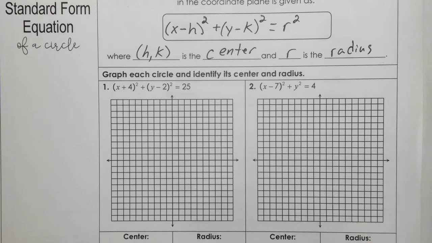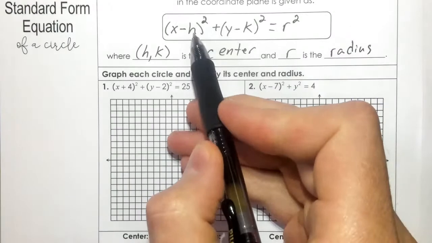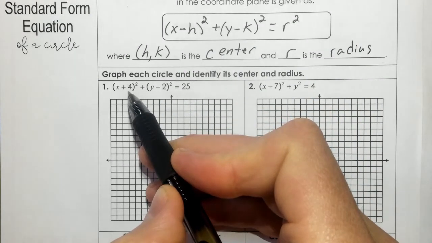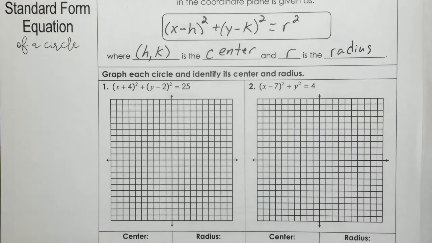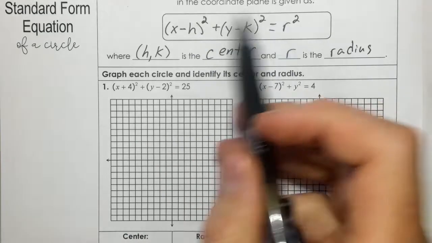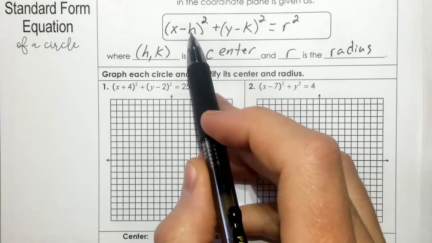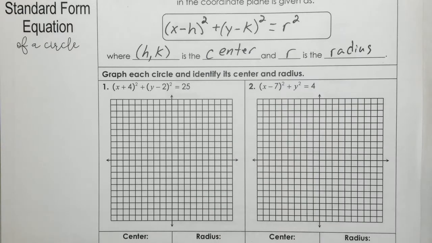So we're given the equation (x plus 4) squared plus (y minus 2) squared equals 25. All right, so remember h and k. So in this case, 4 and negative 2 are going to give us our center. Now, one thing to look at in the standard form of the equation, these are all subtraction, so minus h and minus k, or we can think about that as the opposite of h and the opposite of k.